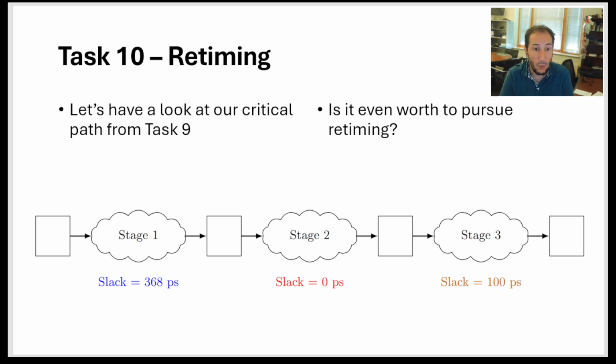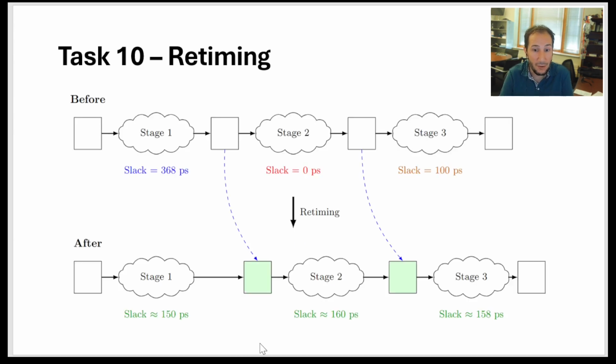This is what we hope retiming is going to achieve. It's going to take those flip-flops and move them with respect to the combinational logic to find paths that are more balanced. So we're going to take that extra 368 from here, extra 100 from here, and we're going to distribute over the 3 logic stages.